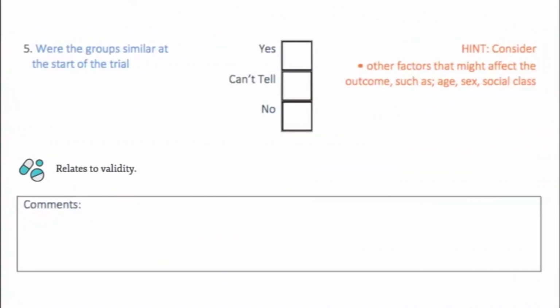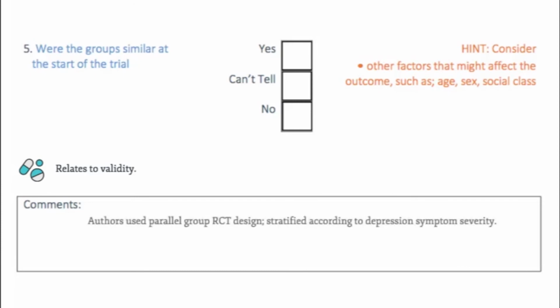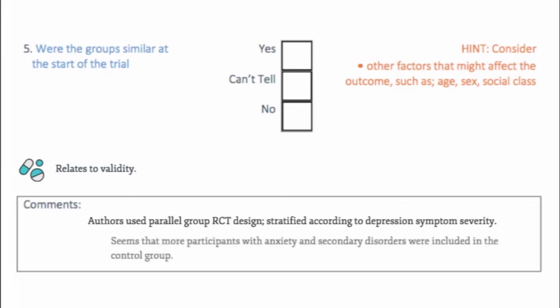The authors of this trial used a parallel group randomized control design, and further stratified their sample according to depression symptom severity. We can see in their participant baseline characteristics table that other factors, including mean age and gender, were fairly equal between the two groups.